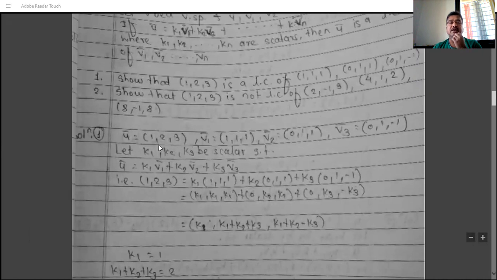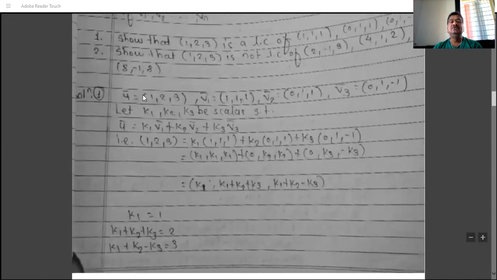Now we have to express this u bar as a linear combination of v1, v2, v3. That is, we have to find scalars k1, k2, k3 such that u bar is equal to k1 v1 plus k2 v2 plus k3 v3. If these scalars k1, k2, k3 exist, then we say that u bar is a linear combination of v1, v2, v3.